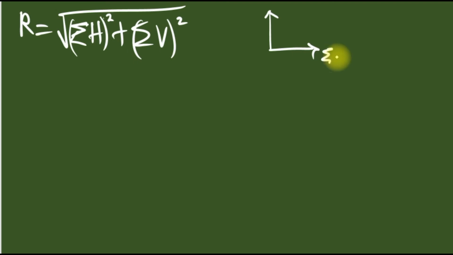So once you sum the horizontal, you sum the vertical. Our resultant, using our parallelogram law, must be this. So that's it. This is the resultant.